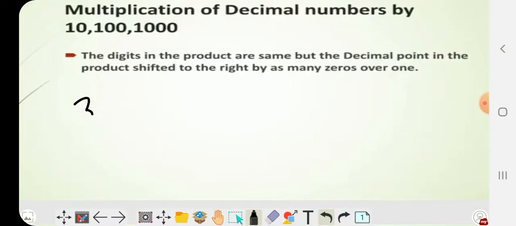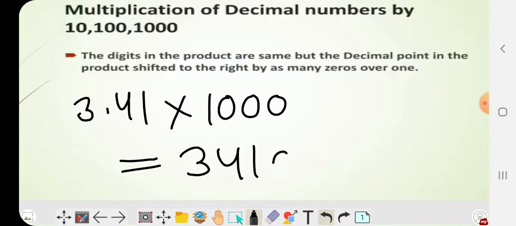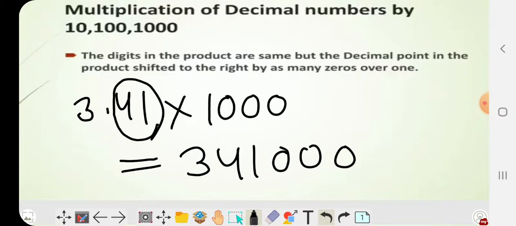Means see there is a number 3.41. If I multiply it with 1000, so what we do, we just multiply. The simple way of multiplying is this. Then see, before how many numbers there is the decimal, before two numbers, so this will be here.